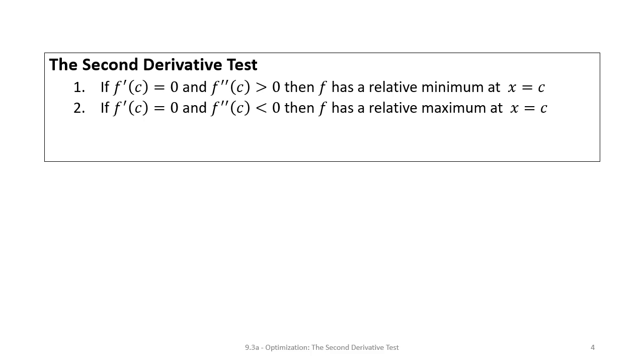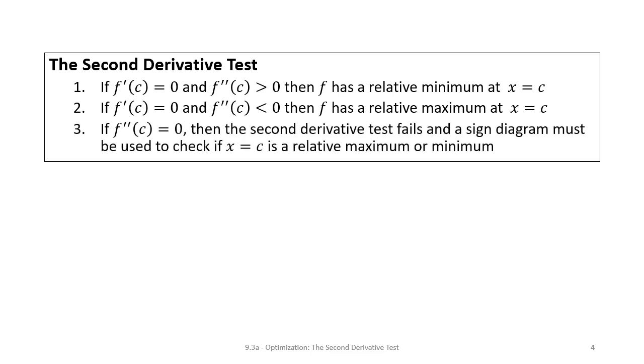But we also should consider when f double prime, or the second derivative at c, is 0. Then the second derivative test fails, and we must use a sign diagram to check if x equals c is a relative maximum or minimum.